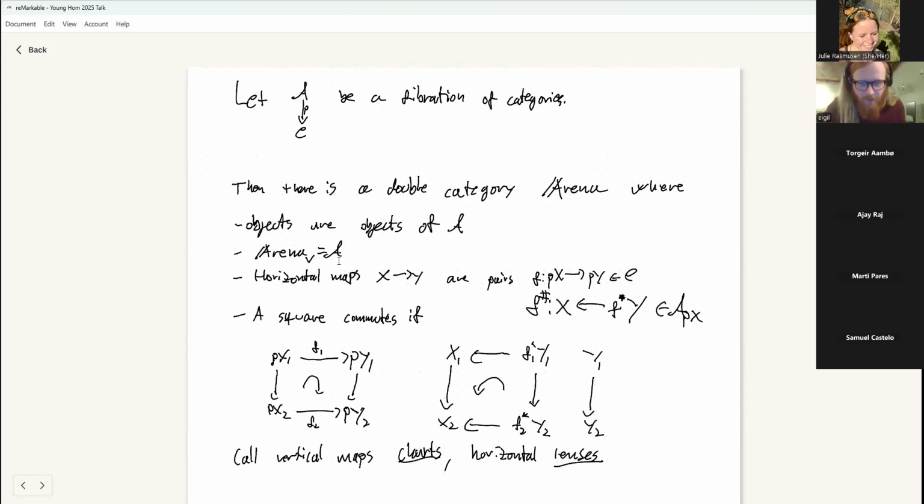So if I have a square of lenses and charts, one thing that gives me is that both a lens and a chart give you a map in the base from px to py. So I get a square like this, and that one has to commute. And then the other thing is, I have a chart from y1 to y2.